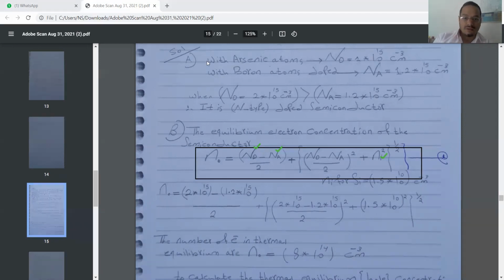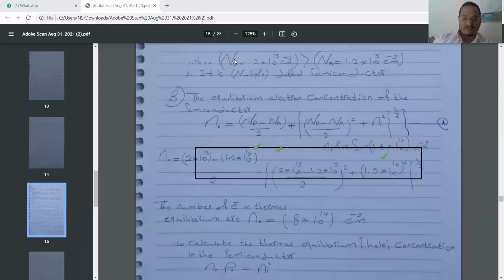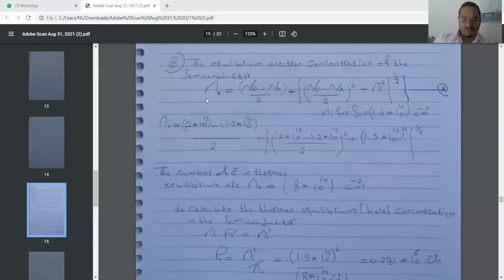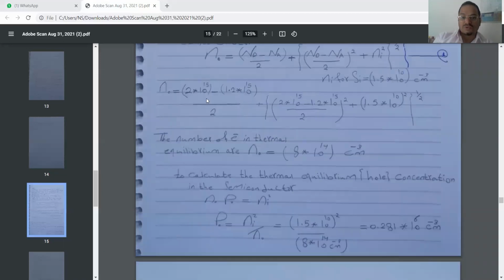Now we have solved the electron concentration at thermal equilibrium at the conduction band, because we are dealing with N-type.